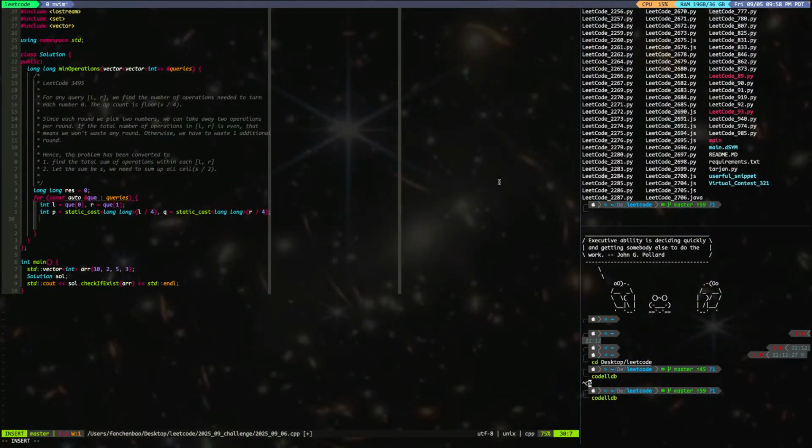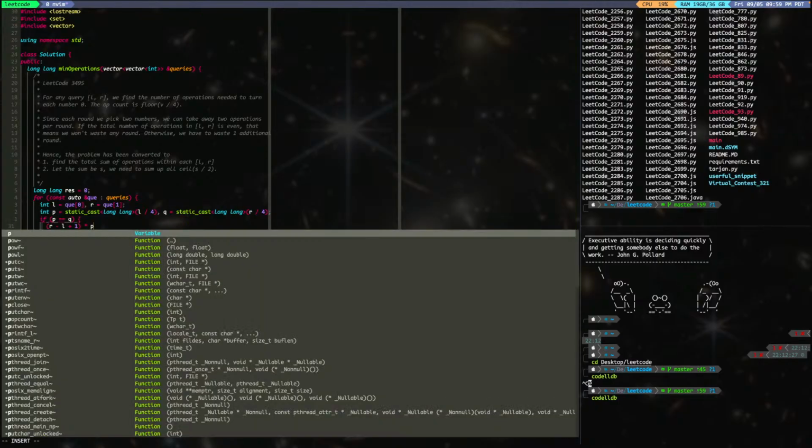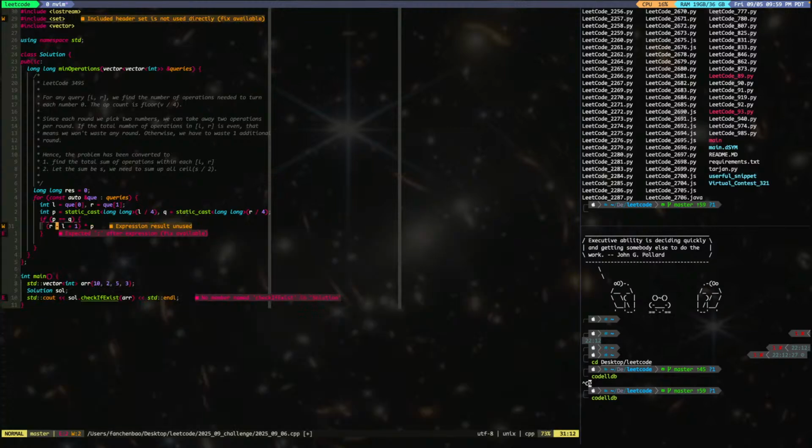So first scenario, if p is equal to q, there's nothing in between. So what we need to do is find how many is in between and then multiply by this value. So what we do is r minus l plus 1, that's the count, times p, this is the total number of operations.